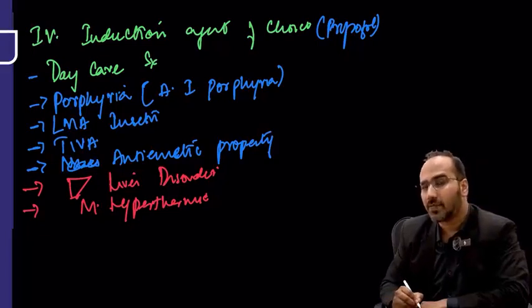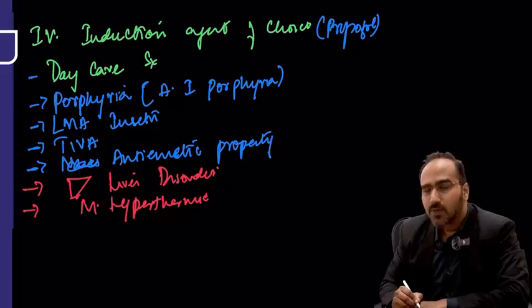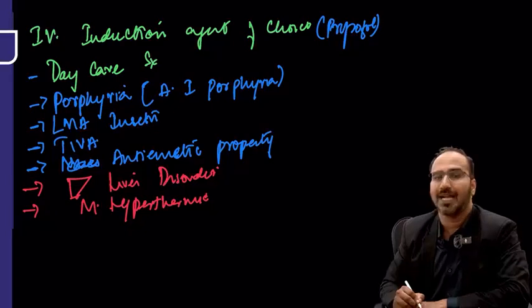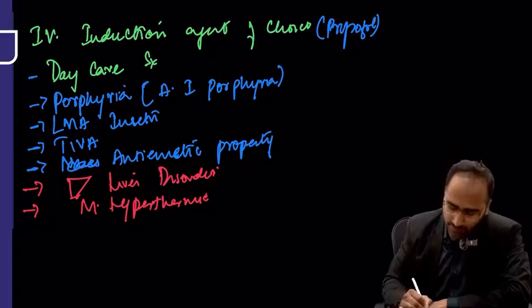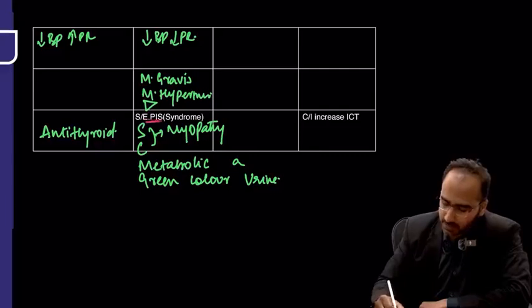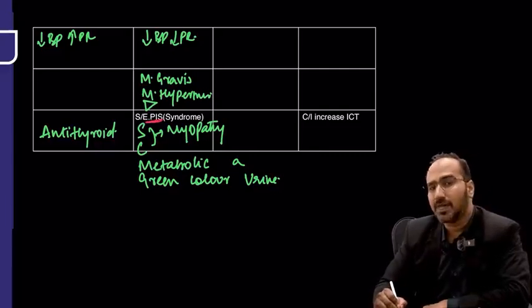What is the side effect of propofol? If you give propofol as a long-term infusion, the patient might land up in a syndrome called propofol infusion syndrome. Propofol infusion syndrome is characterized by what? The triad of three things.